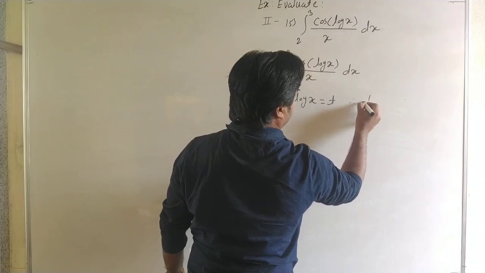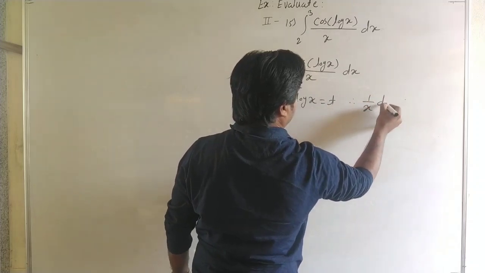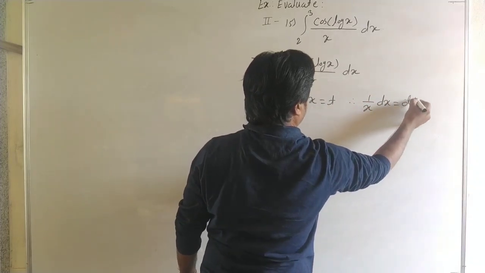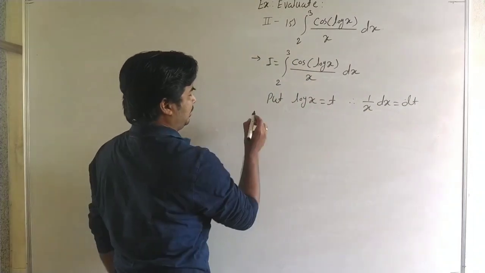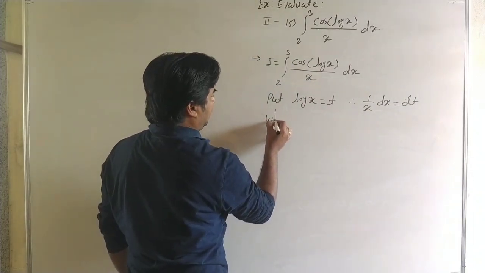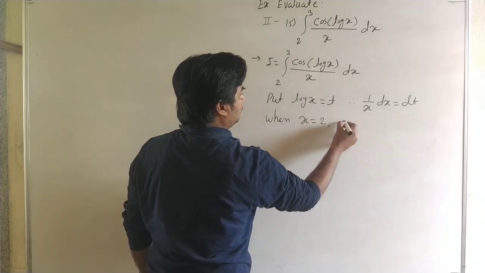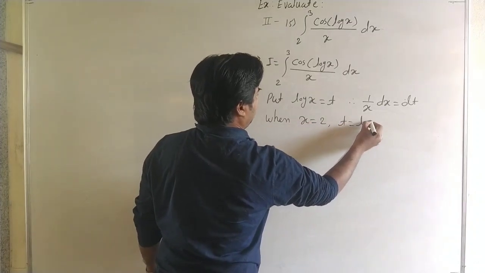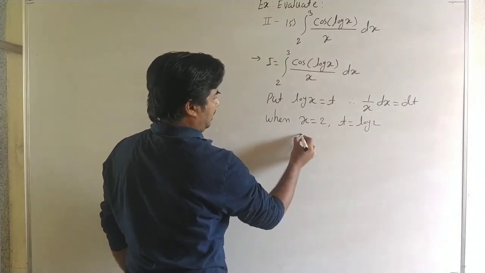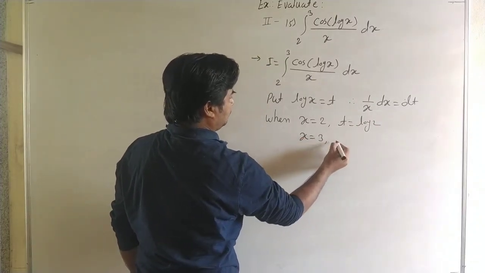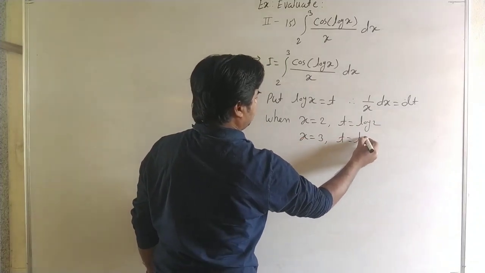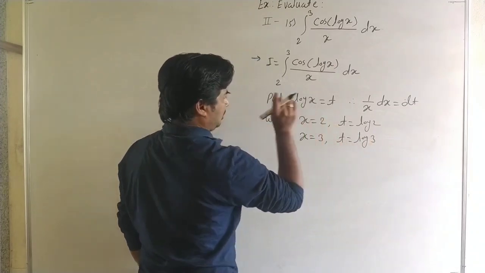Therefore, 1 by x dx is equal to dt. Now change the limit. When x is equal to 2, t is equal to log 2, and when x is equal to 3, t is equal to log 3. Okay.